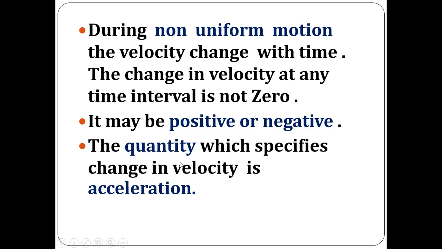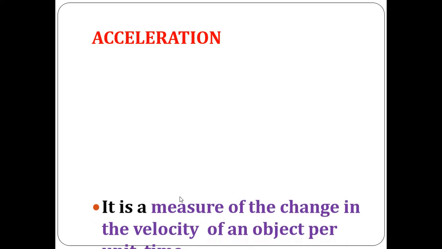So the quantity which specifies the change in velocity is acceleration. Okay, so in this class we are going to see briefly about acceleration. So now we are going to see the definition of acceleration.